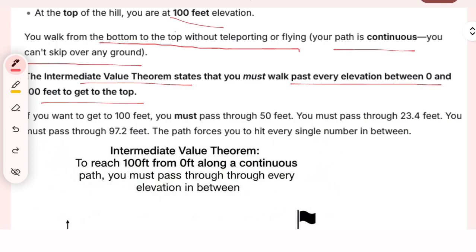You must have passed through the 97.2 feet, right? You must have passed all those elevations going to the top, because you started at 0 and you will end up at 100. That means the path forces you to hit every single number in between. The path makes you cross every single number or elevation in between.